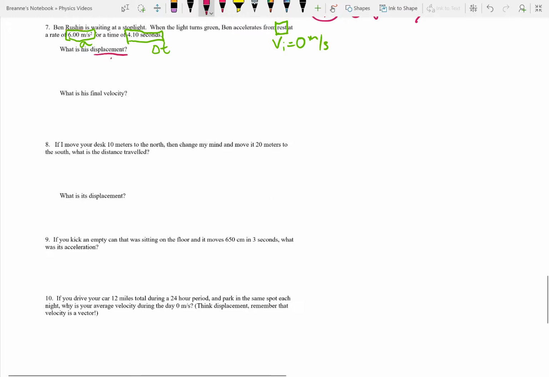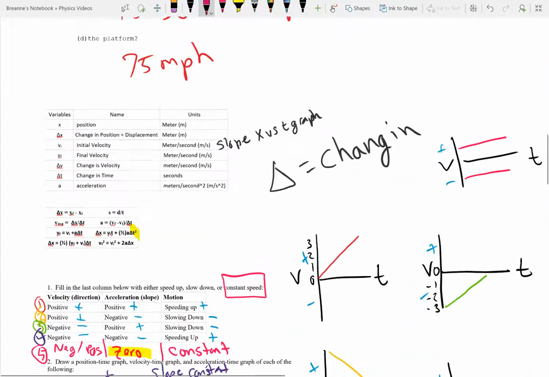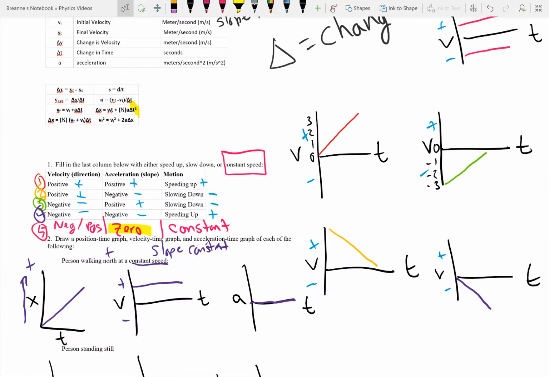And we're working for our displacement. So we need an equation that has acceleration, change in time, initial velocity, and change in position. Let's scroll up to our equations. We're going to be focusing on the big four.